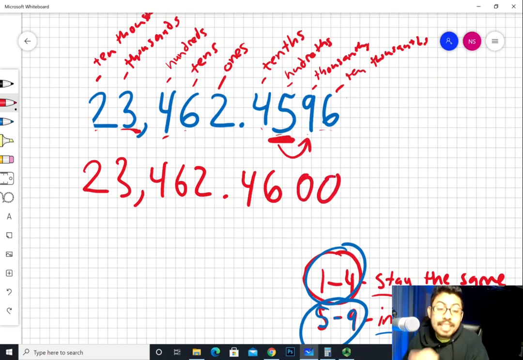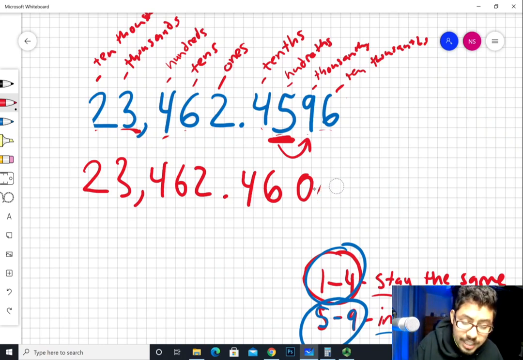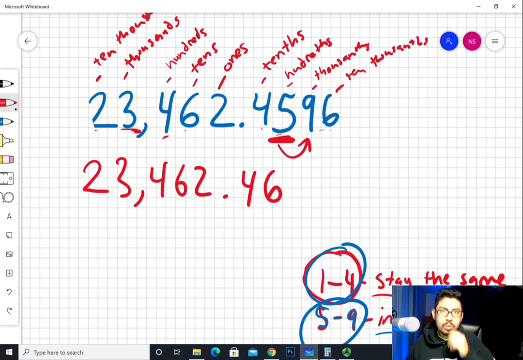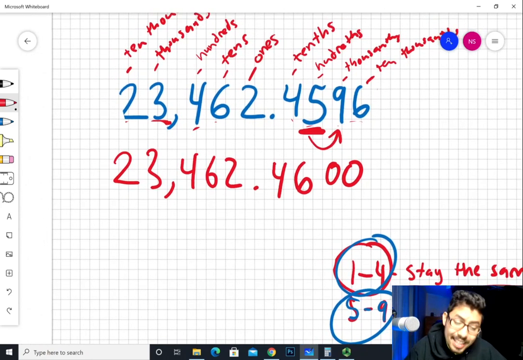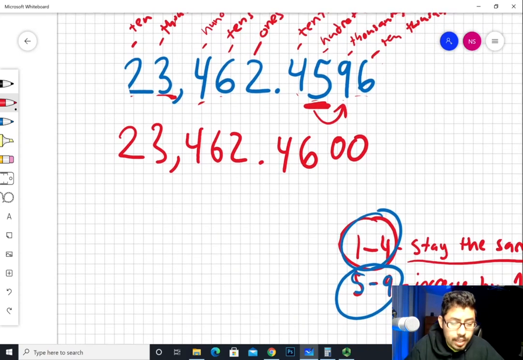On the GED you won't see those zeros because they like to erase any numbers that end with zeros. But you're not wrong, especially on my worksheet, if you put 0. That's the correct answer, honestly. But this is how you round on the decimal side. It's the same thing. There's nothing hard about this, folks.